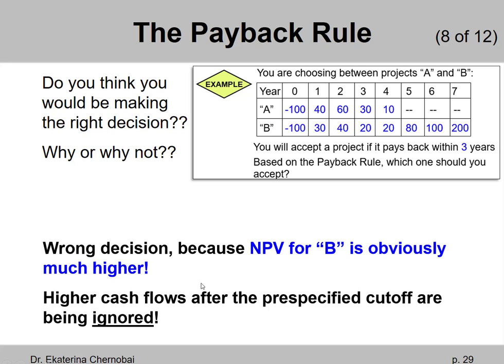And that happens because the higher cash flows after our cutoff, the required payback period, are completely ignored. So we have completely ignored $80, $100, $200 in years 5, 6, 7 for Project B.